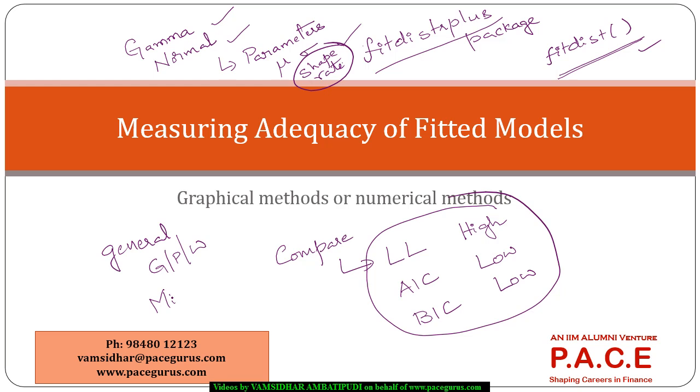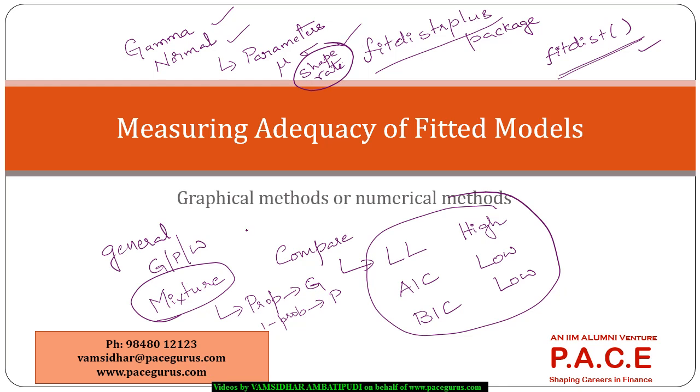Or in some cases I can even think of fitting a mixture distribution. Means there is some probability that it is, let's say, a gamma distribution, and there is some other probability that it is a Pareto distribution. So we can even fit those kinds of models to the data.